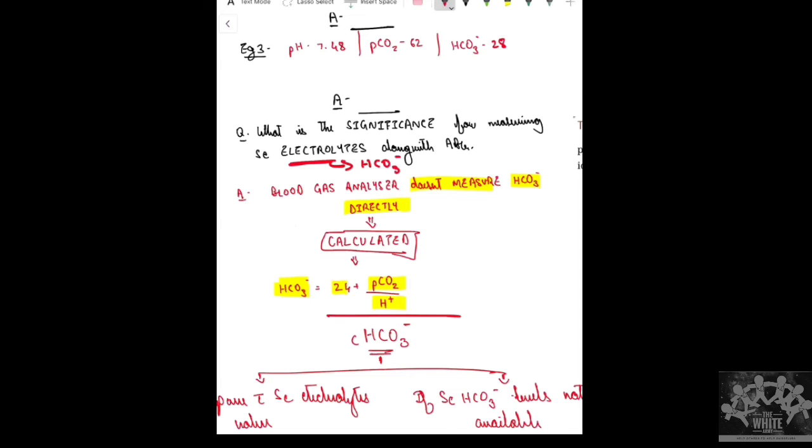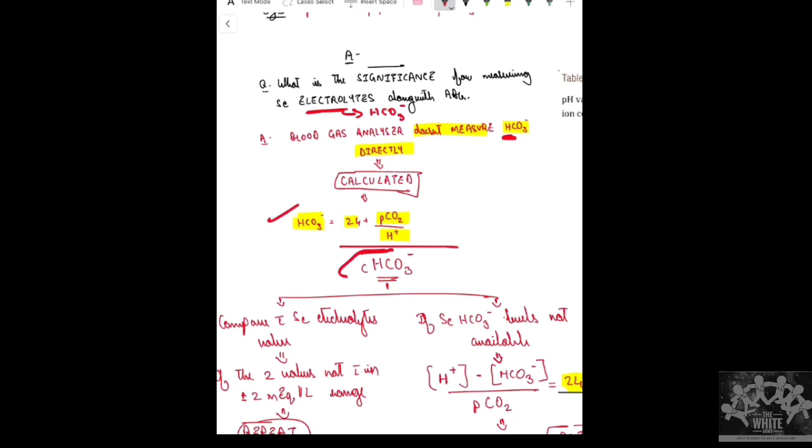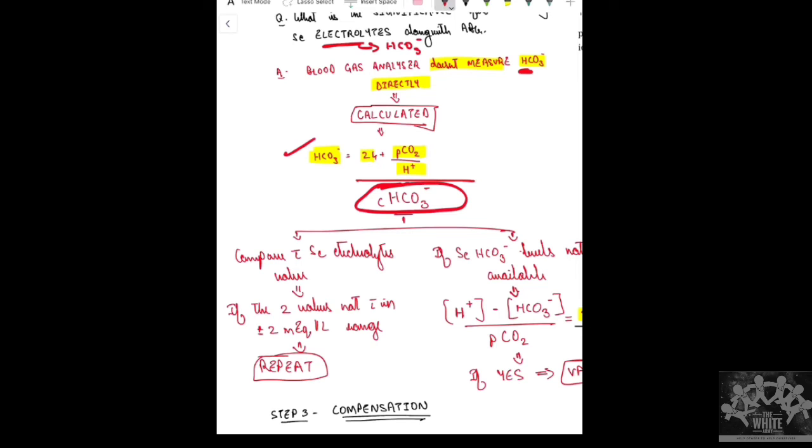As I mentioned, HCO3 minus is not directly measured; it is calculated using a formula by the blood gas analyzer. That's why it's called cHCO3, calculated HCO3 minus. If this calculated HCO3 minus, on comparing with the serum electrolyte value, falls in the same range, plus or minus 2 milliequivalents per liter, then it is considered valid. If not, then we repeat the test.